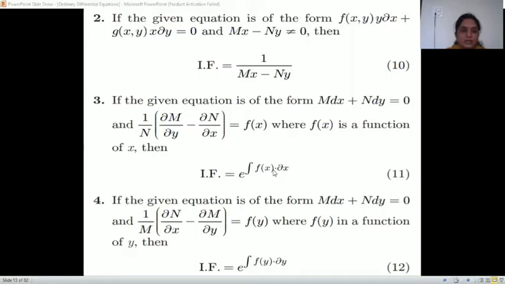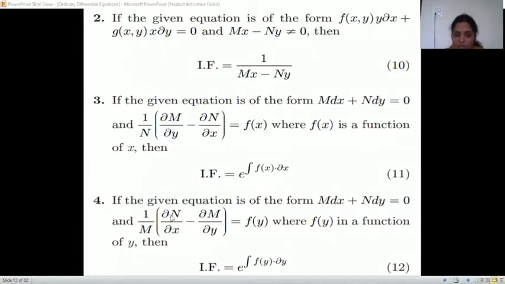become exact, right? Next, if we find ∂N/∂x minus ∂M/∂y, now opposite to this, or if you want to find the same term ∂M/∂y minus ∂N/∂x, and if it matches with N, then divide by N, and if it matches with M, divide it by minus M, in the case where we are taking ∂M/∂y first and ∂N/∂x later.